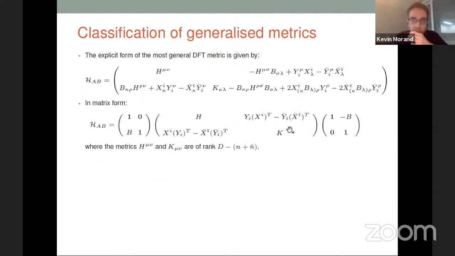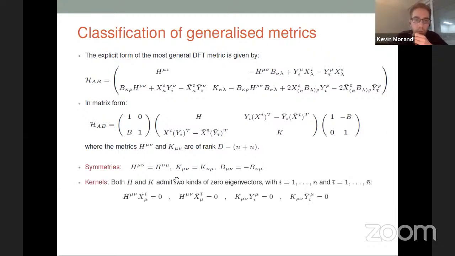Okay, so this is the same expression again. Let me just mention a bit about the fields that are involved within this matrix form. Both H and K are two-index symmetric fields. And also we have the B field, which as usual is a skew-symmetric two-form.